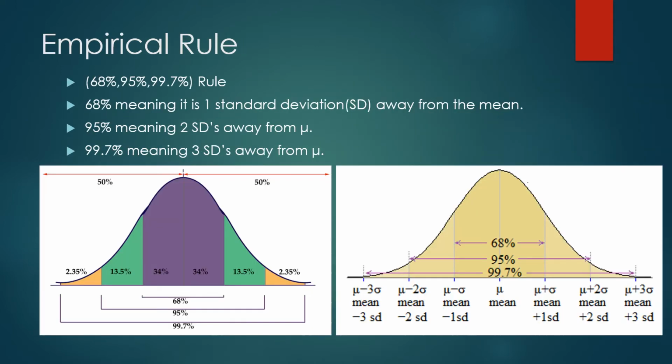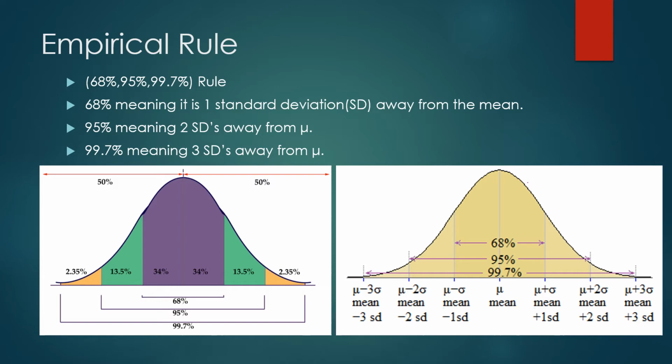For normal distributions, we follow the empirical rule. The empirical rule, or the 68, 95, 99.7 rule, basically just means how far the standard deviation is from the mean. 68 means it's one standard deviation away, 95 means two standard deviations away, and 99.7 means three standard deviations away from the mean.